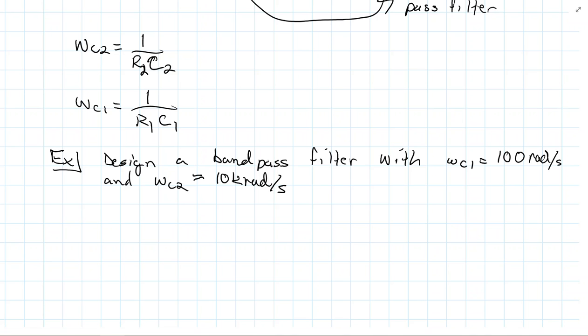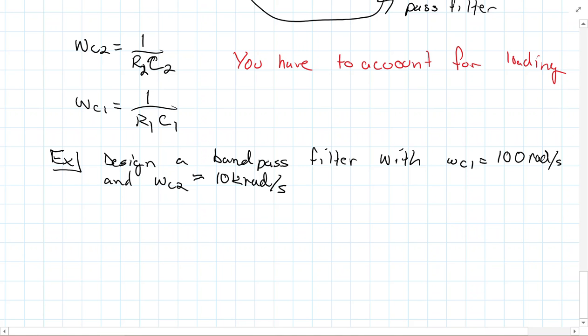Now, we're going to just first use the equations to find R1, C1, but the other thing we have to do here, and I'm going to emphasize it up here, you have to account for loading effects for R1, C1. In essence, R1 needs to be approximately 100 times bigger than R2.